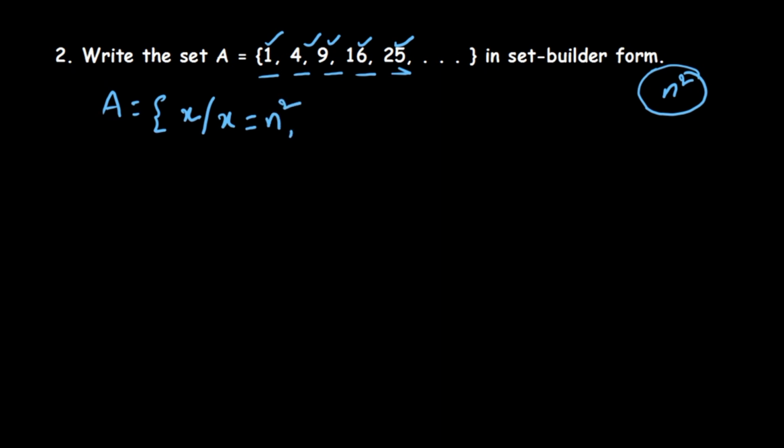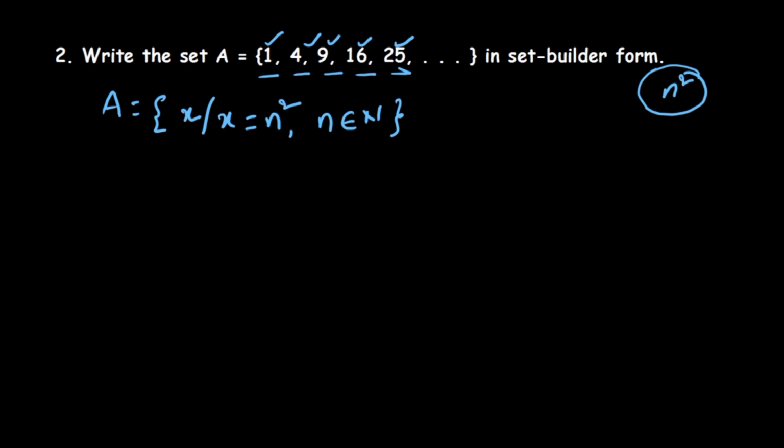So n square, n belongs to capital N, that means natural number. See, this one is also an infinite set, so we can leave it like this, because it is an infinite set, there is no end for this. For example, if we had 100 here, then we could write n less than or equal to 10, but there is no 100 here, so we should not write this.